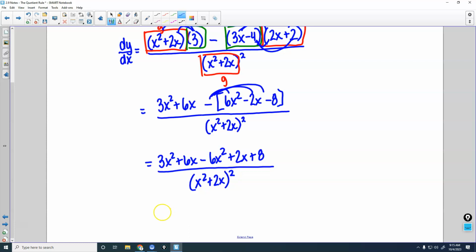And if we combine our like terms, we're going to get negative 3x squared plus 8x plus 8 over (x squared plus 2x) squared. Now, if the top will factor, you would want to factor that to see if it'll cancel with anything in the denominator.